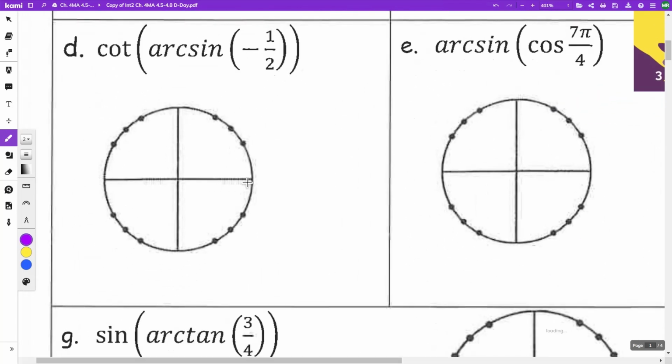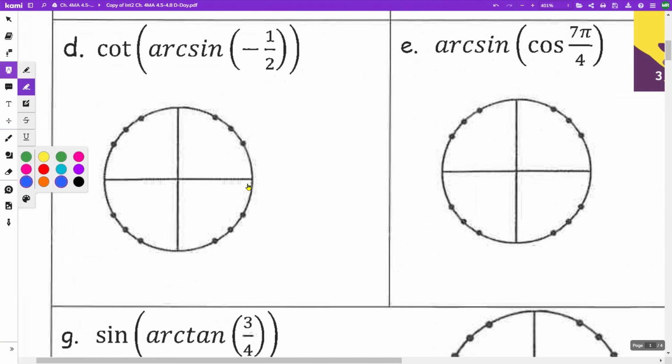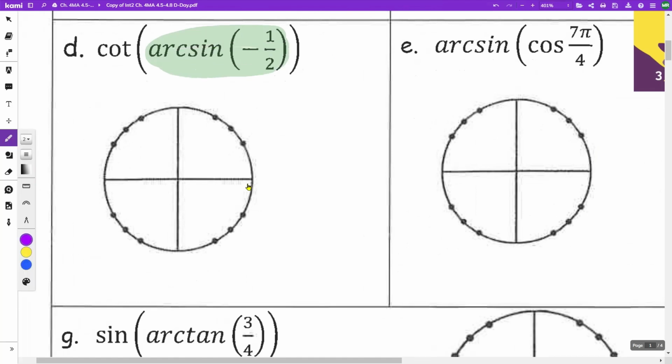On D, I am going to be looking for my arc sine first. So I'm going to find this angle. So when I'm looking at arc sine, remember, I'm going from here to here. So where is my sine? A negative 1 half. It is here.